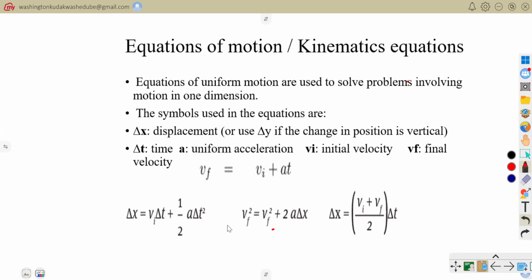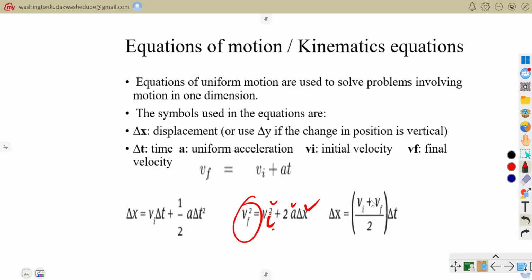And then the final equation says final velocity squared is equal to initial velocity squared plus 2 times acceleration times the displacement. So if you know the displacement, the change in position, the acceleration, and the initial velocity, you can simply calculate your final velocity.